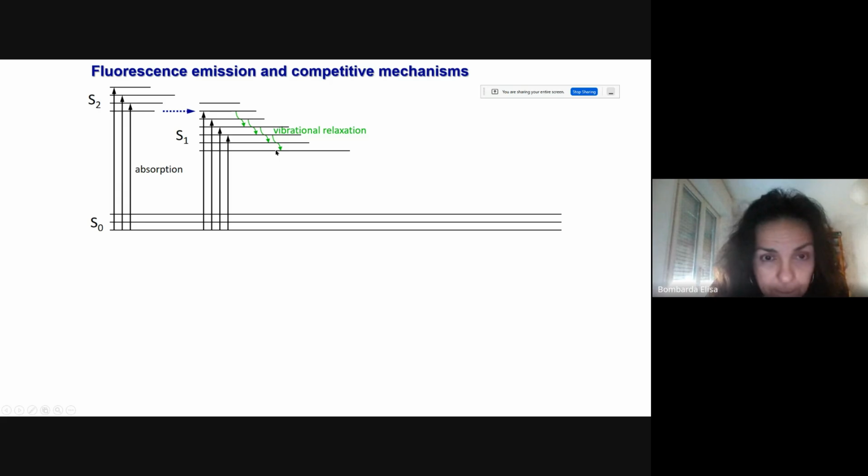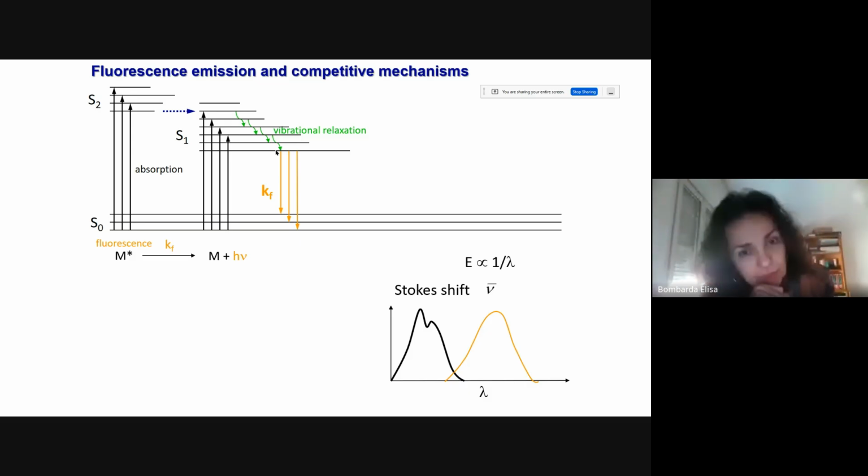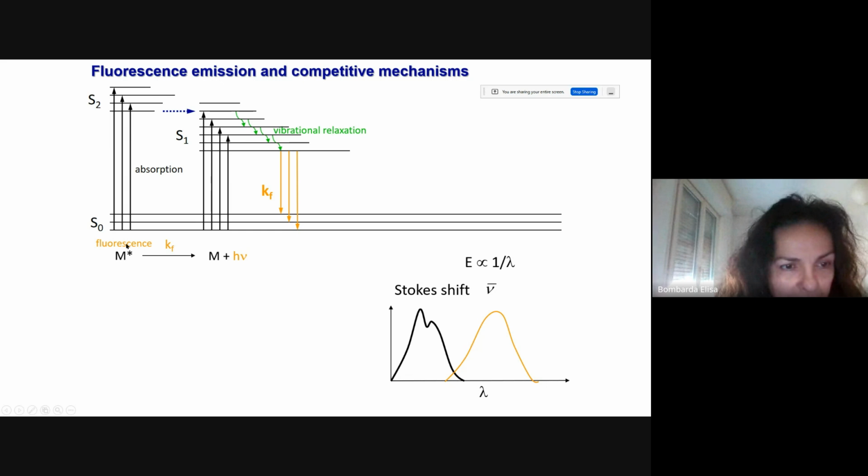From there, it will go back to the ground state, because it is a metastable state, so it is not happy to stay there after a certain time. This transition from M star, the excited molecule, to M, the ground state molecule, can occur by emission of a photon, as indicated here. Kf is the radiative rate constant, and this is exactly fluorescence.